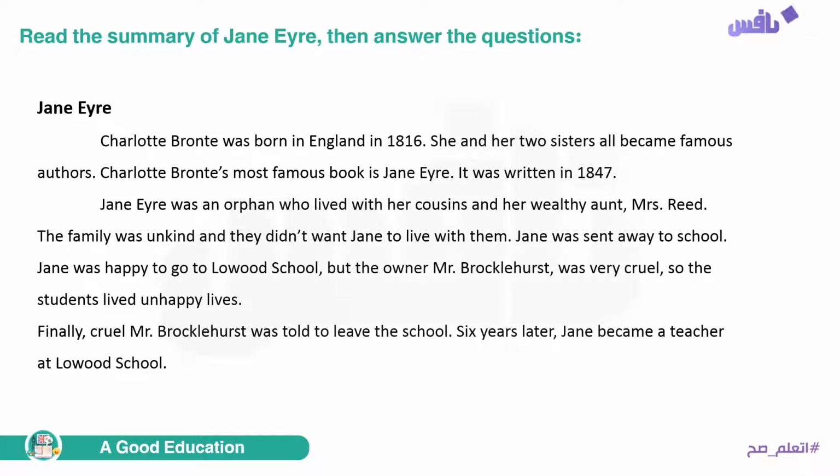The family was unkind and they didn't want Jane to live with them. Cruel family. Jane was sent away to school. Jane was happy to go to Lowood School. But the owner, Mr. Brocklehurst, was very cruel. So the students lived unhappy lives.